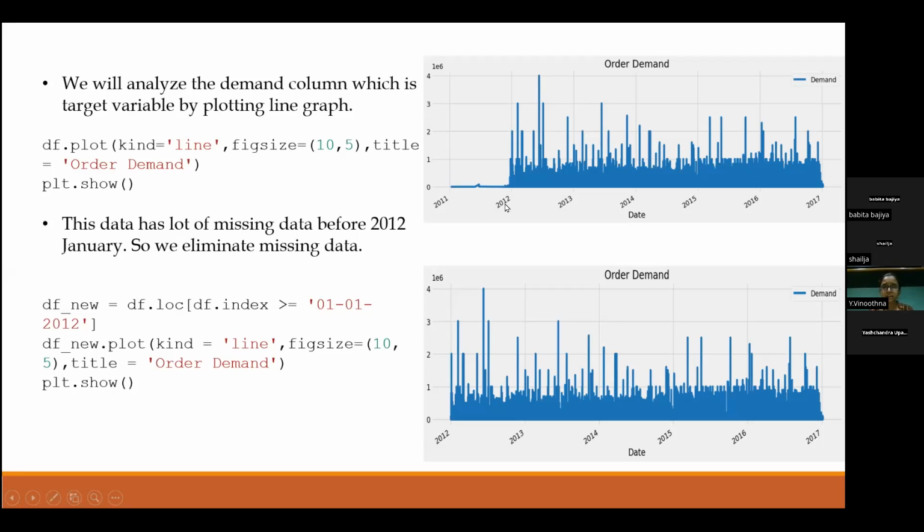These missing data can be removed for further improvement. So I have removed the missing data from 2011 to 2012, and then the plot looks like this. Let us see.